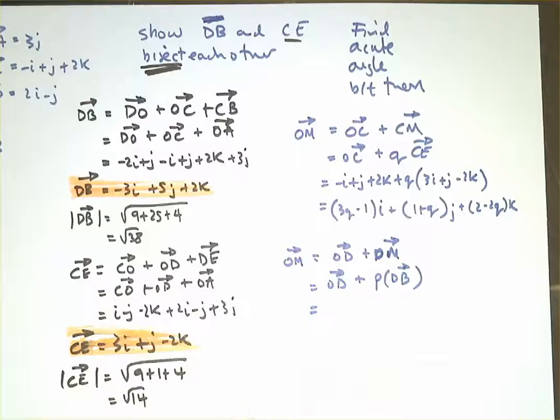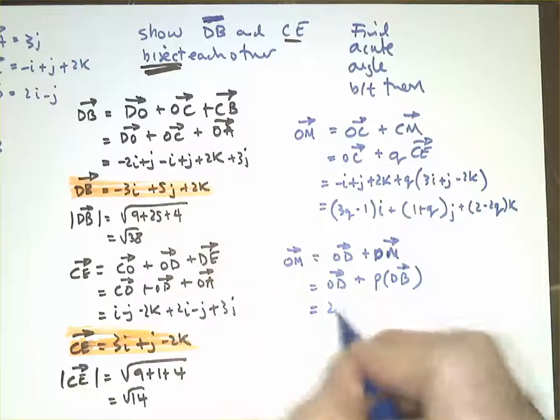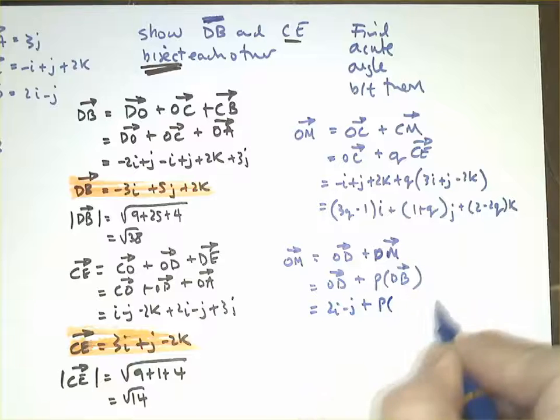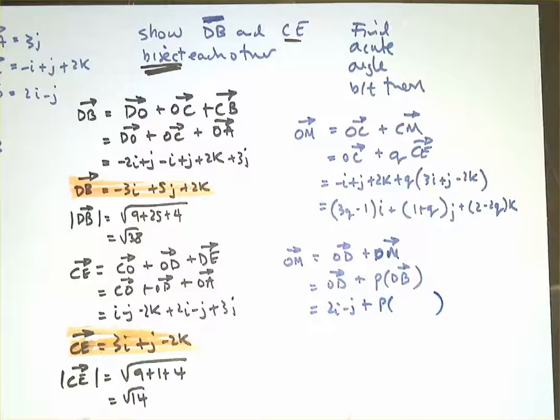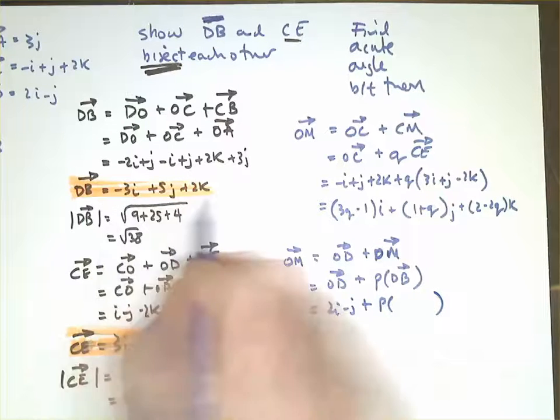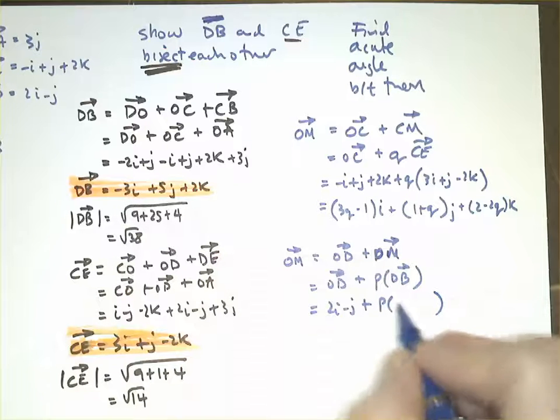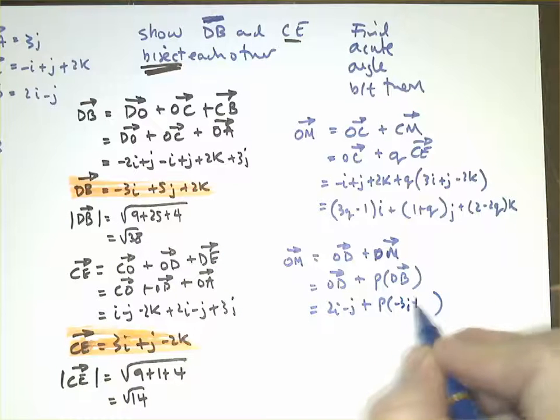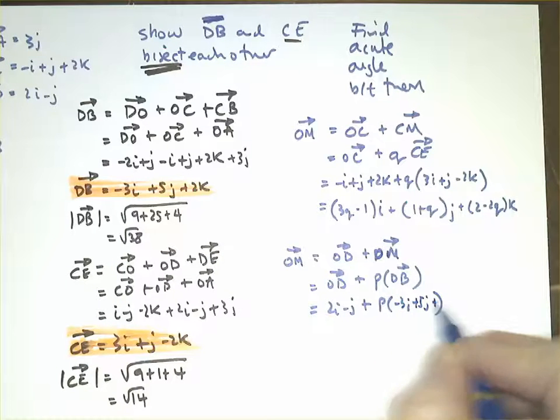So O to D is 2I minus J plus P times D to B. D to B is minus 3I plus 5J plus 2K.